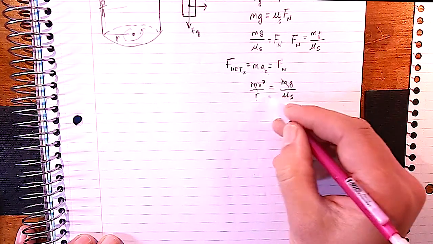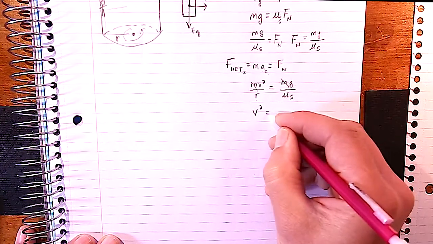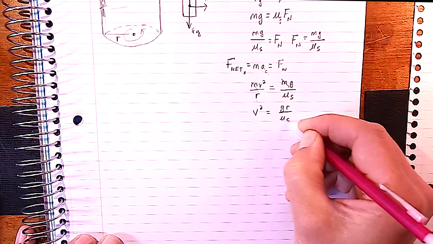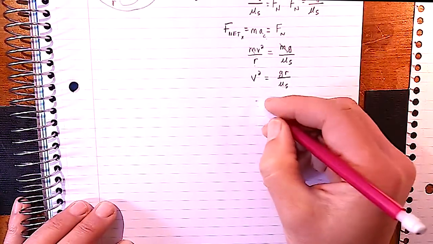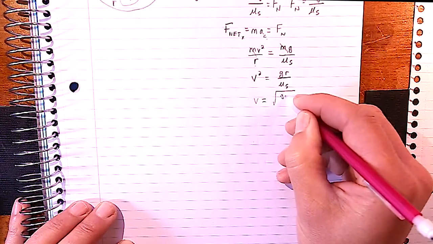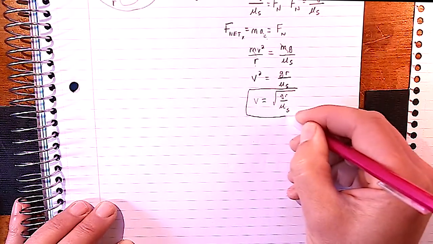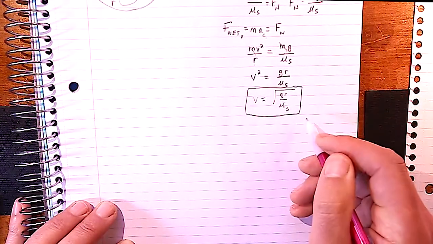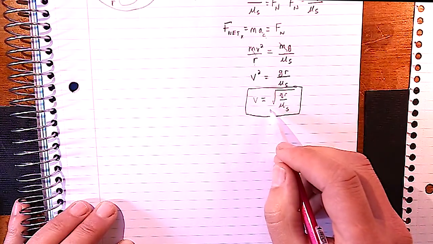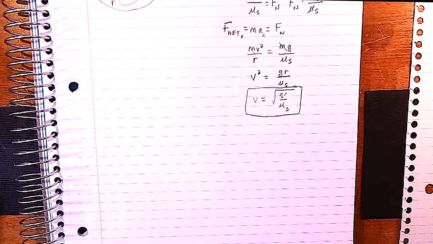We multiply through by r, so that gives us v squared equals gr over mu s. And we take the square root of both sides of the equation, and that gives us the square root of gr over mu s. Notice that mass is not in the equation. In other words, this is a mass-independent ride. Mass does not matter.